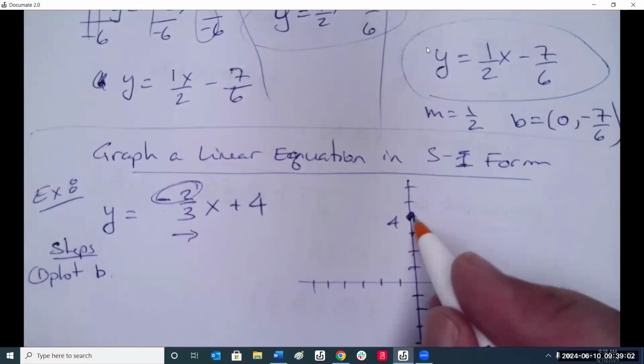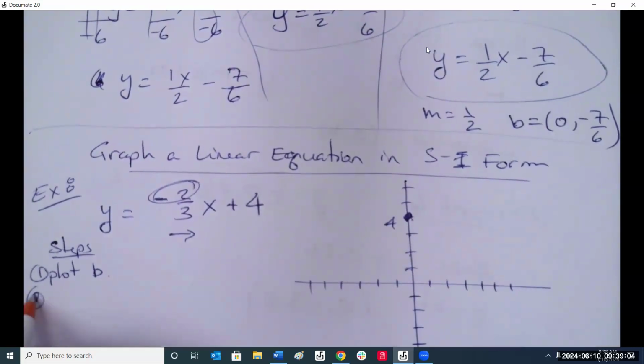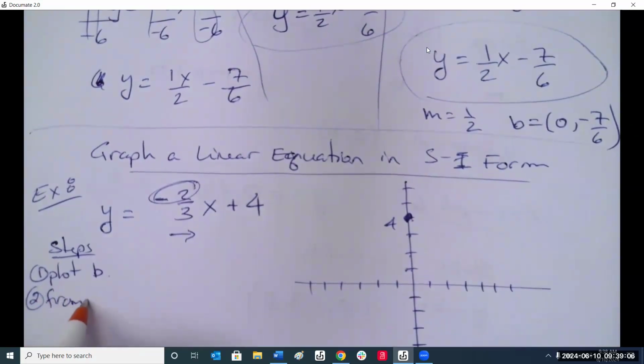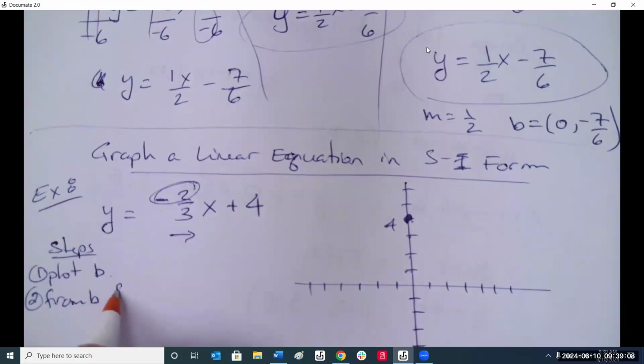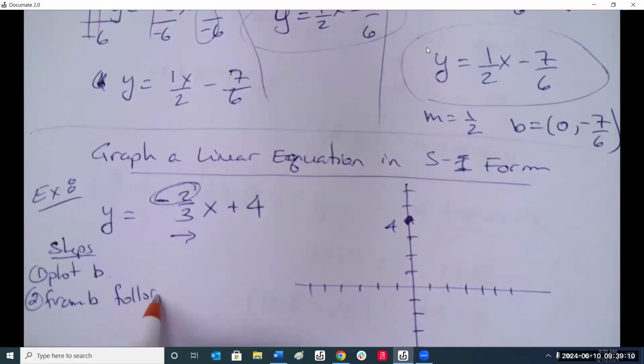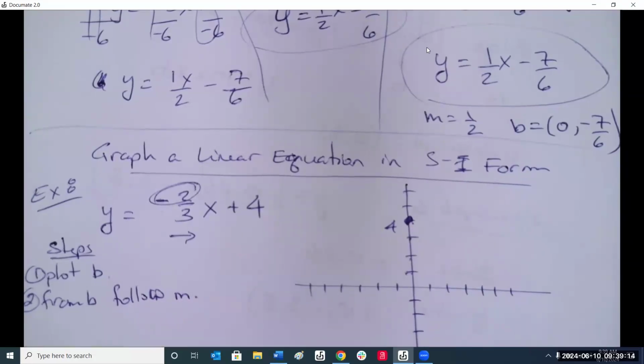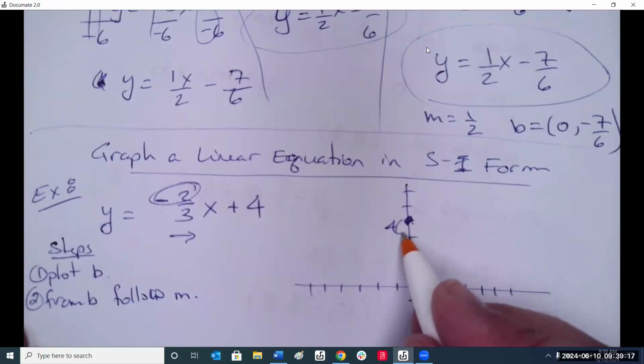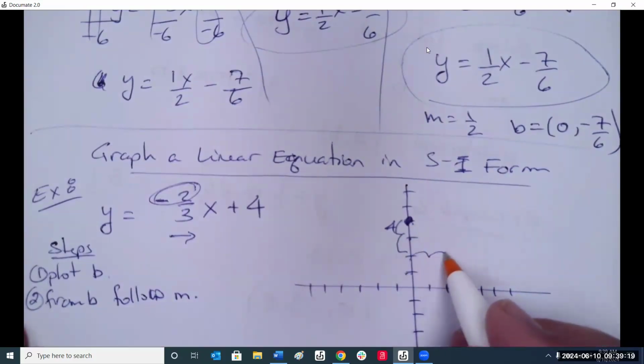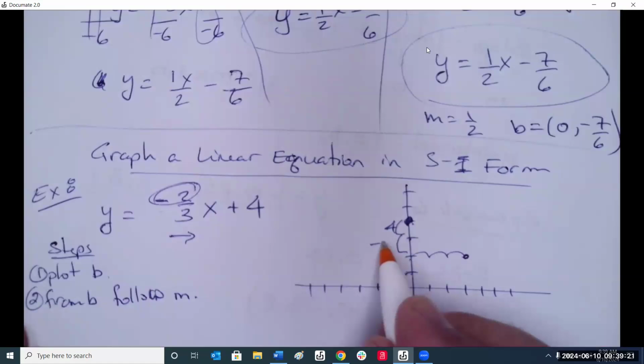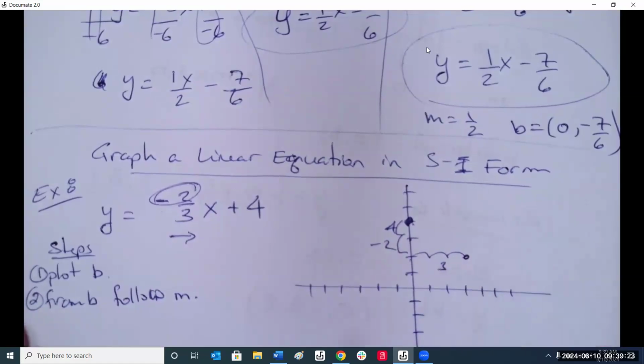So from this point, from B, follow the slope, follow M. So go down 2 and over 3. This is -2, +3.